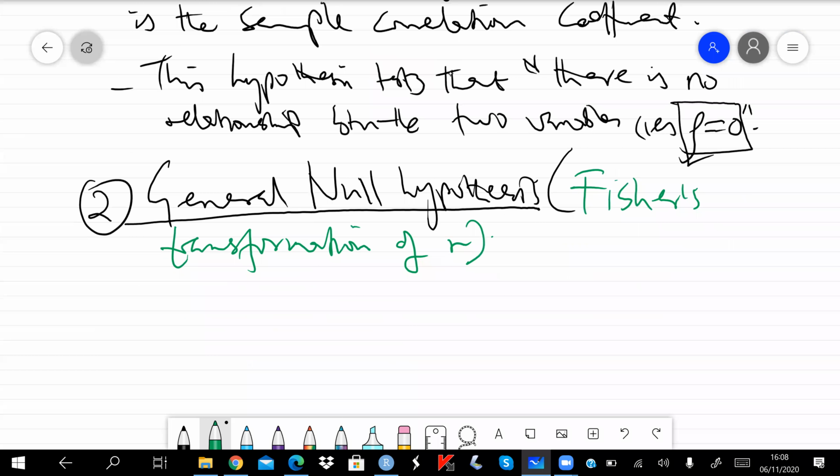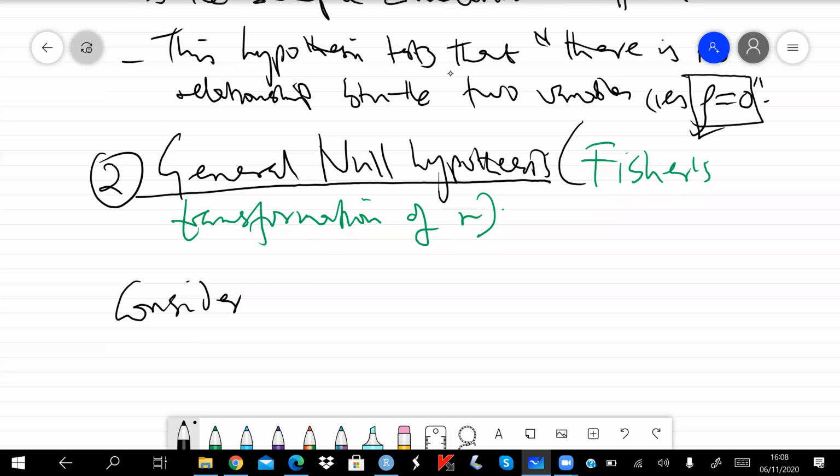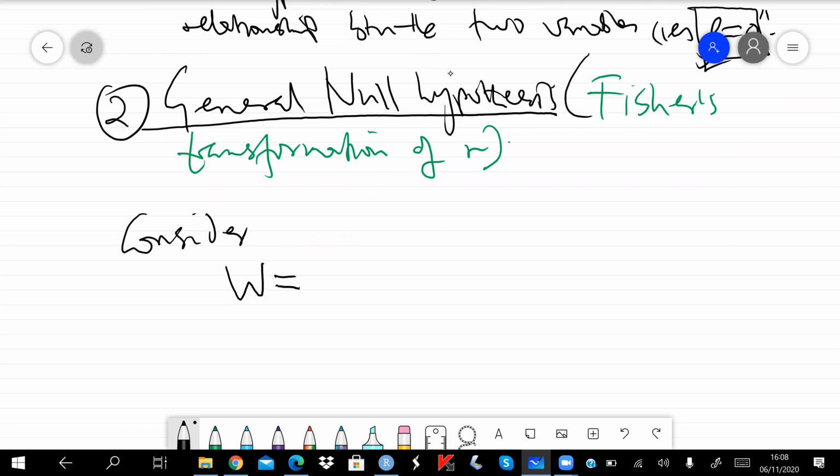Okay, so let's consider the item here. W is equal to half ln, the natural logarithm, of (1 plus r) divided by (1 minus r). You can put them in brackets like that.